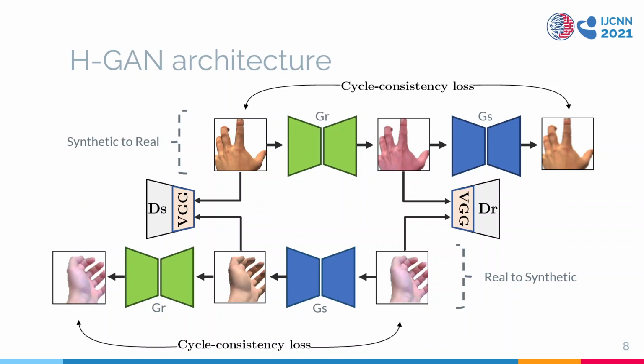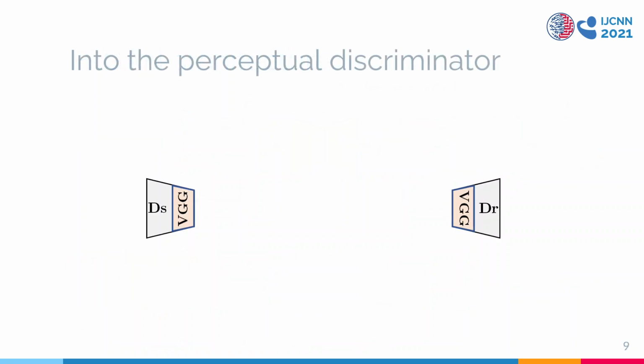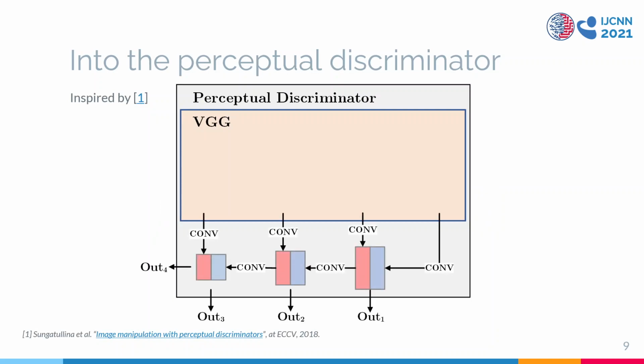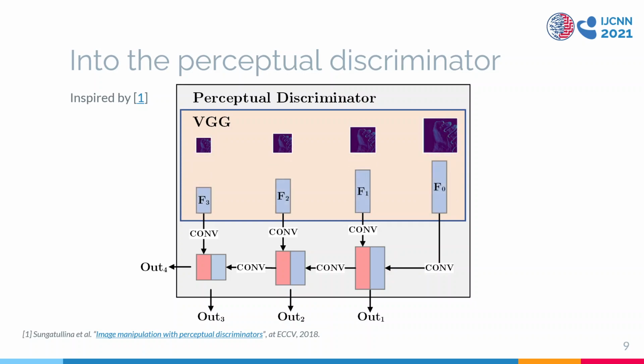Different from vanilla cycle GANs, and our competitors we will see later, we implemented multi-scale perceptual discriminators. Let's have a look. Perceptual discriminators consist of stacking convolutional blocks on top of feature vectors. In our case, features are extracted from a pre-trained VGG16 network at 4 different scales.